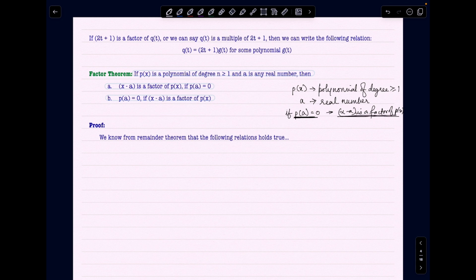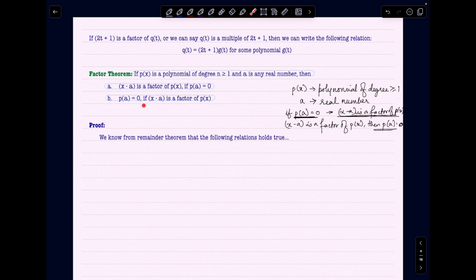Otherwise, similarly, if I find that x minus a is a factor of p(x), then p(a) equals 0. It is the reverse only. Here it is written, if p(a) equals 0, then x minus a is a factor of p(x).